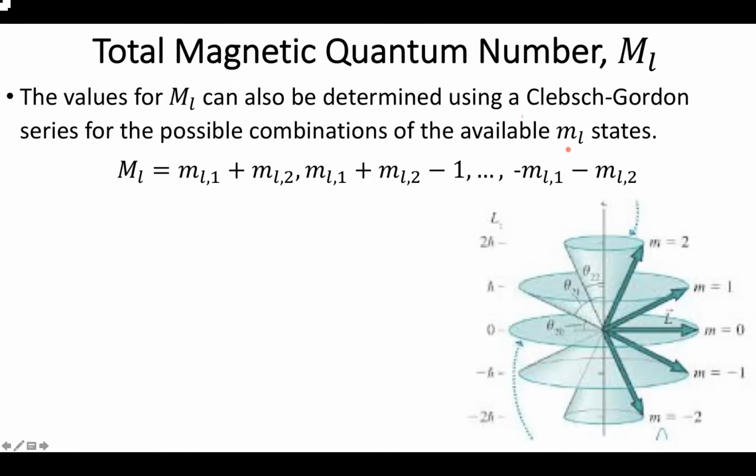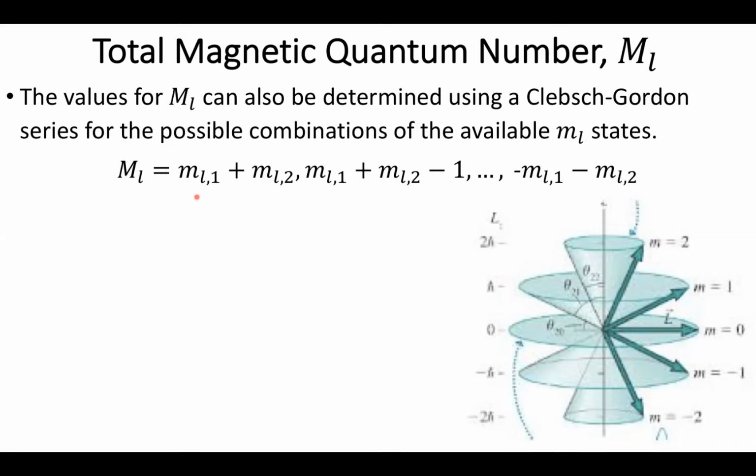So if I have a maximum m sub l value of 2, because I'm dealing with a d electron, then I can either have both of my orbits pointing up for a maximum value of 4, or both of them pointed down for a minimum value of -4. So again, this can be quite useful and will give us the same exact values we got from deriving our total magnetic quantum numbers from our total orbital angular momentums.